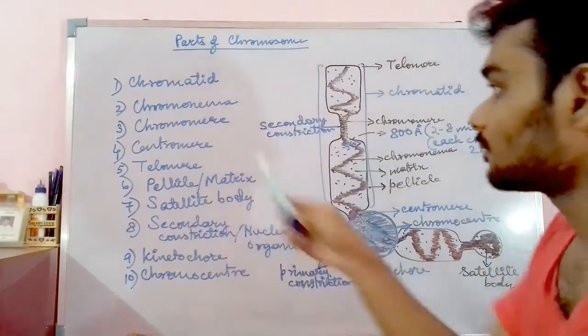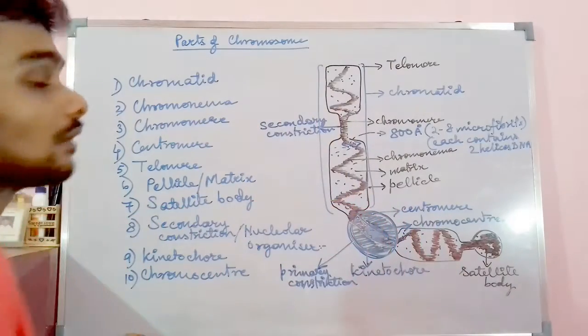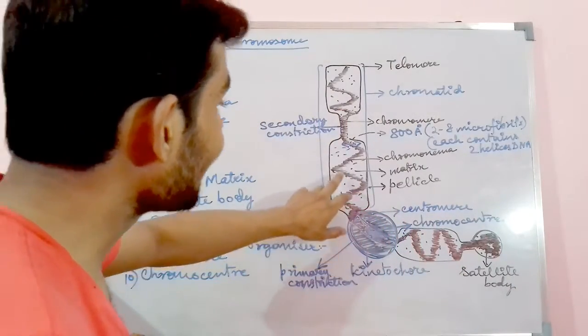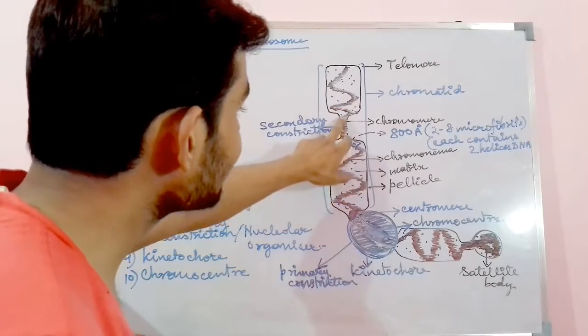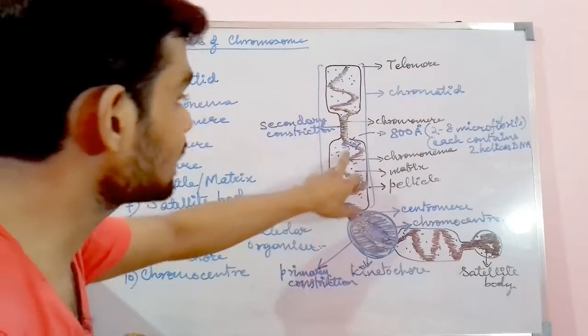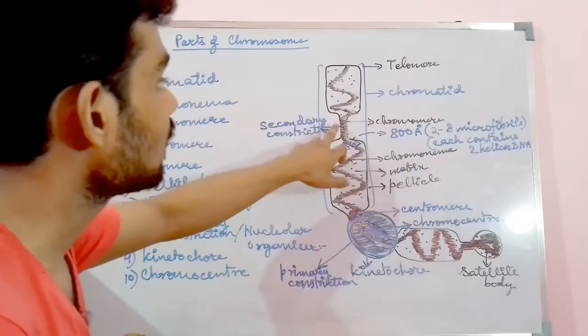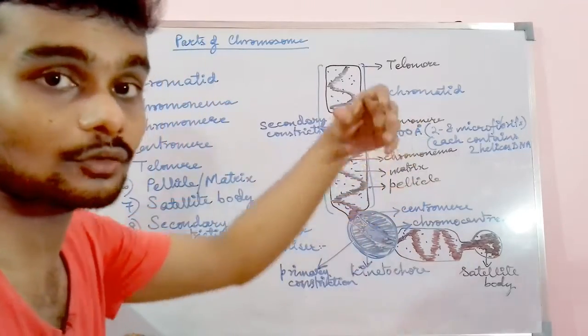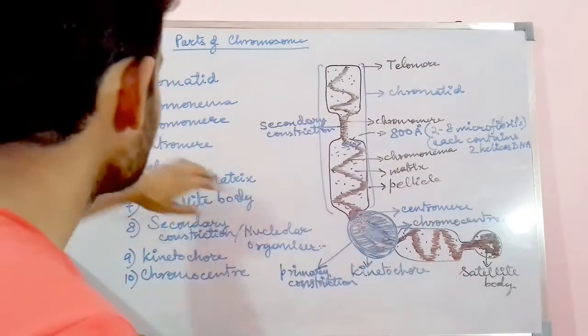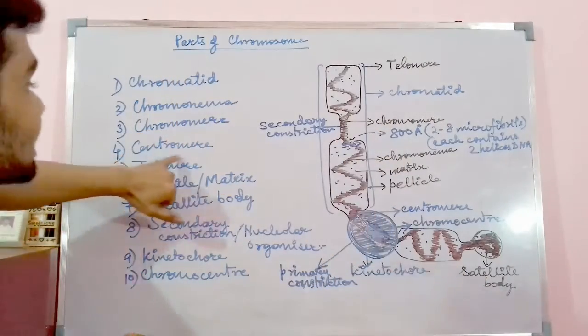Now the third portion we have is the chromomere. What is chromomere? Chromomere is nothing but the highly condensed area. These condensed areas of the chromonema are known as the chromomere. That is, the chromonema gets more condensed and packed in this area. Fourth is the centromere.